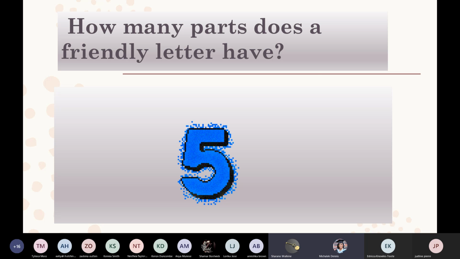Together now, if you're to type it, don't send it separately. Can you name the 5 parts of the friendly letter in the chat? Make sure you put it all together in one message.